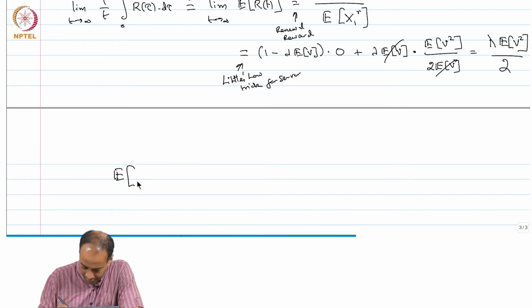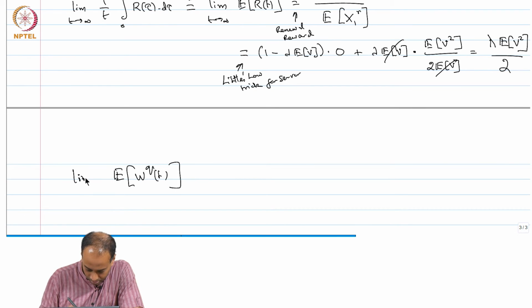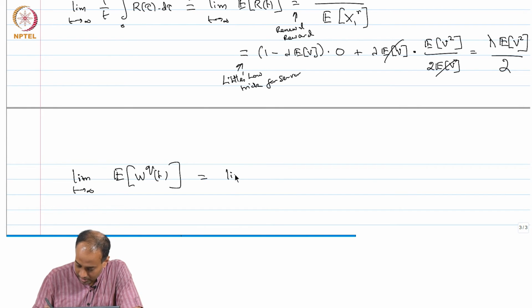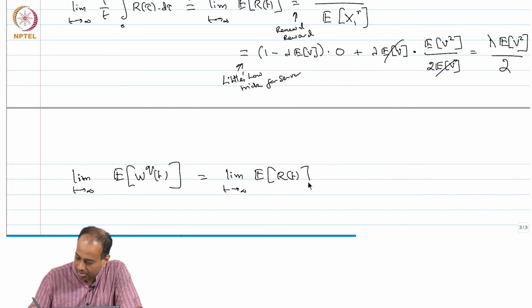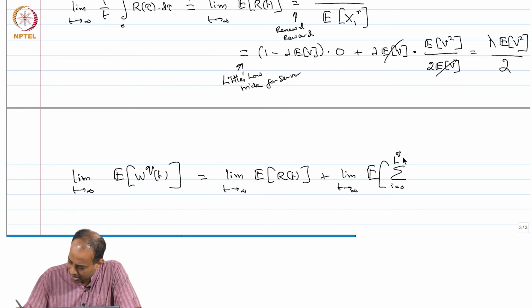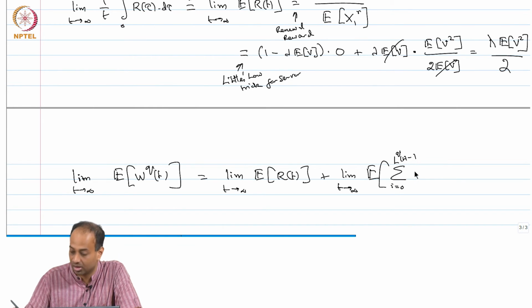Expected Wq of t, the limit, this is what I want, is equal to the limit as t tends to infinity of expected R of t, plus the limit as t tends to infinity of the expectation of the sum over i equal to 0 to LQ(t) minus 1 of Vi.